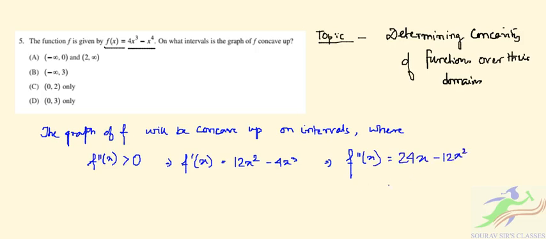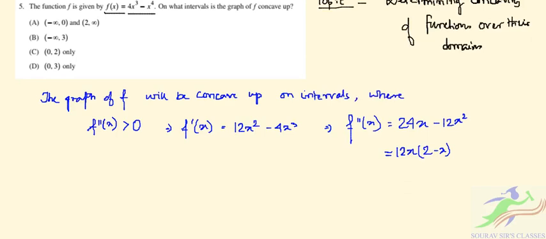So you can just take 12x common, so it is nothing but 12x times 2 minus x. Okay, so from here you can see that the graph of f double prime, the second derivative of this function, is a parabola, right?